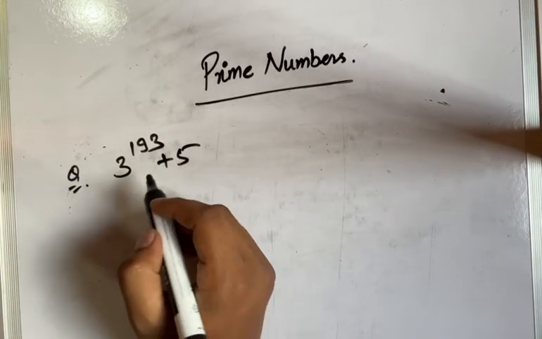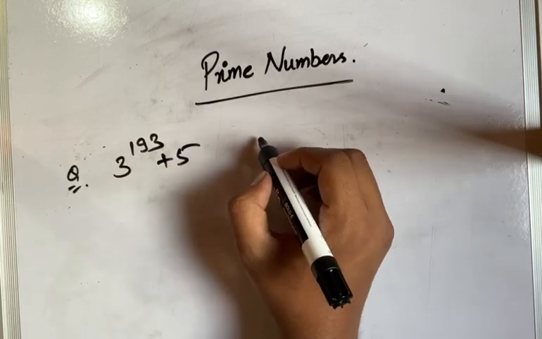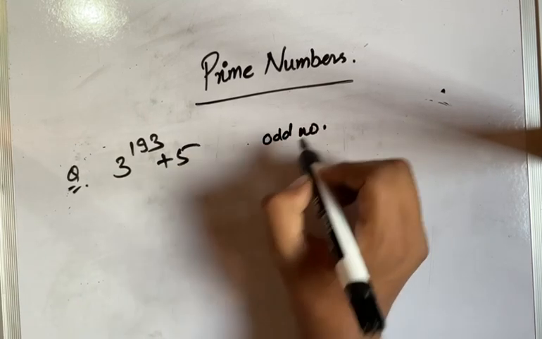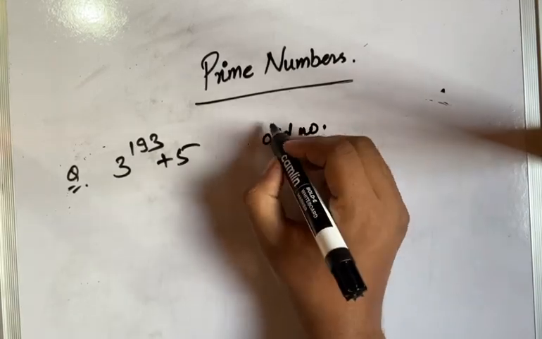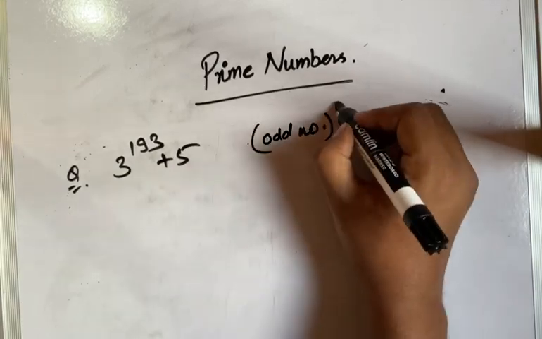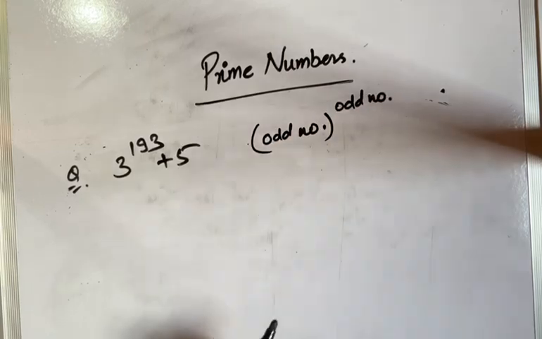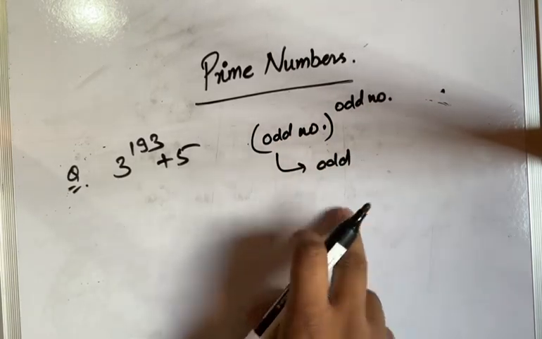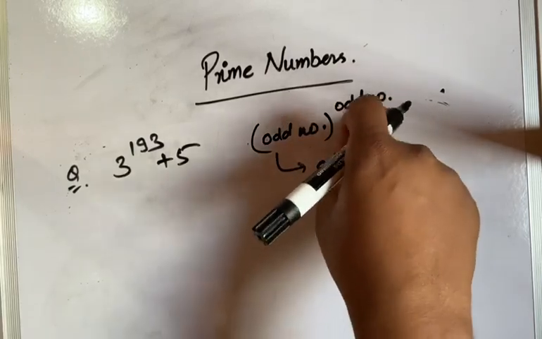So what we gonna do, we can just simply say that any odd number having power of odd number, okay, is basically odd. All right, an odd number having an odd power is basically odd.